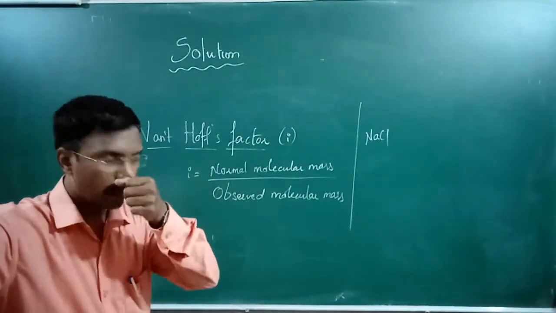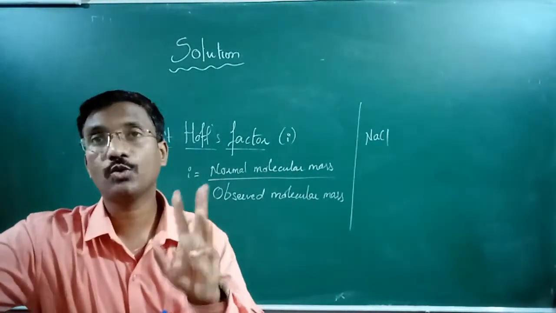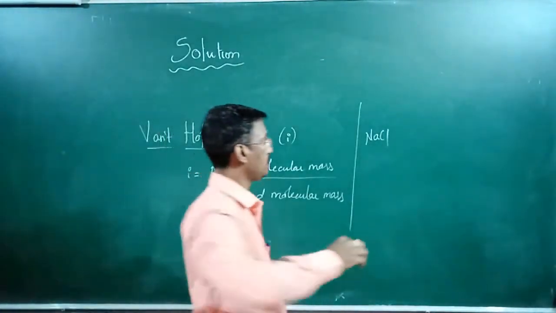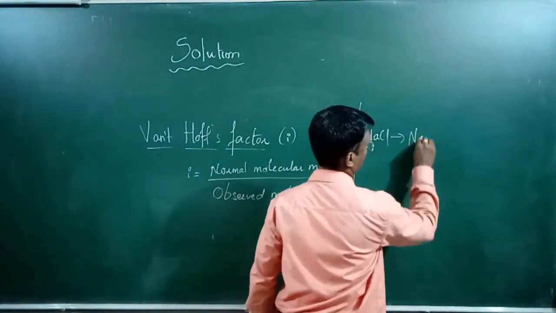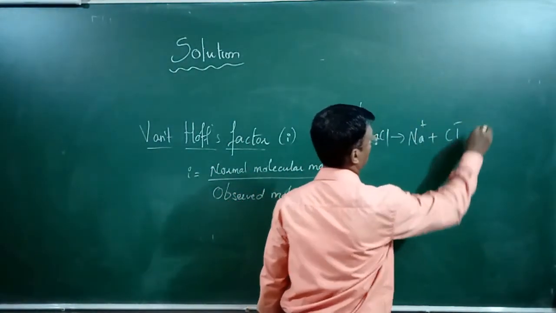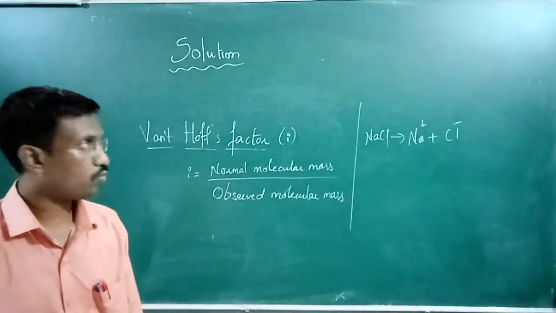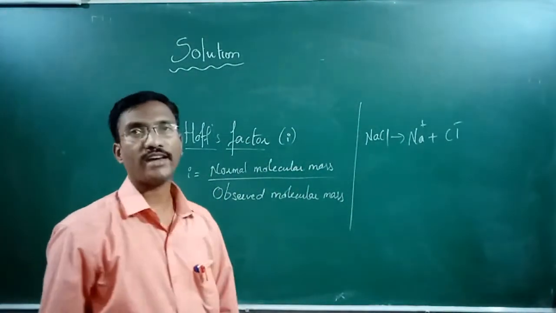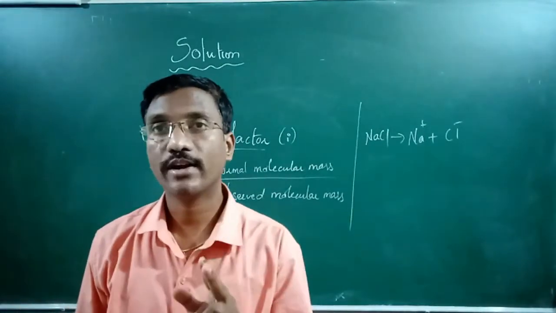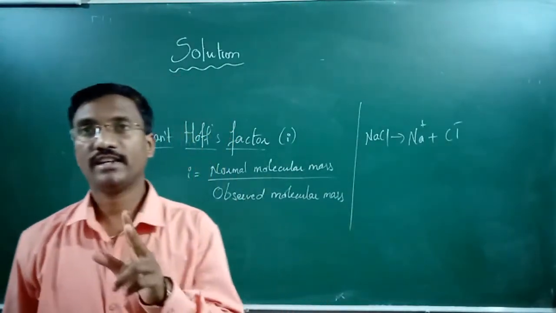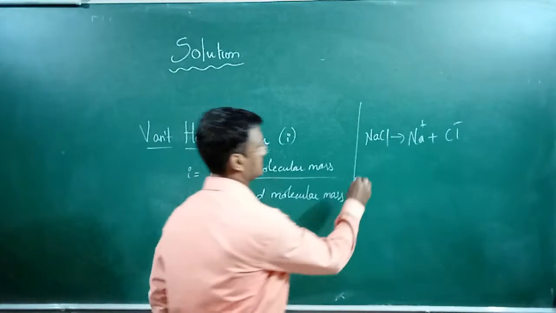Sodium has one Na+ ion, chlorine has another ion. Look here, the number of cations is 1, the number of anions is again 1. Therefore the total number of ions is 2. Therefore sodium chloride has a Van't Hoff factor of 2.